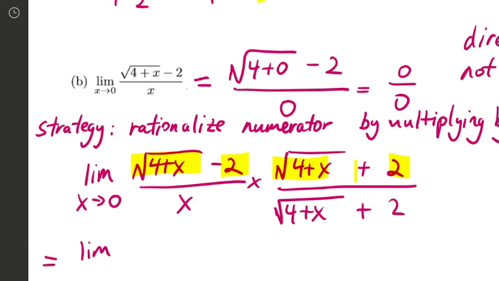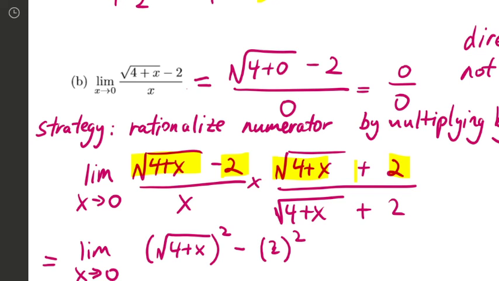So the limit as x approaches 0 is going to be the square root of 4 plus x, squared, minus 2 squared, all divided by x times the square root of 4 plus x plus 2. Oh, I should put that in brackets like that.